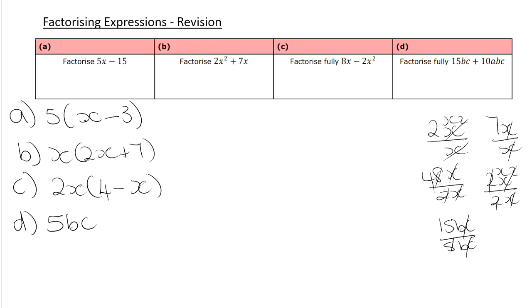How many times is 5 going to 15? That's 3. So that's going to be inside a bracket. And then we have 10ABC divided by 5BC. BC's cancel. 5 goes into 10 2 times, so we have 2a. So this will be plus 2a.